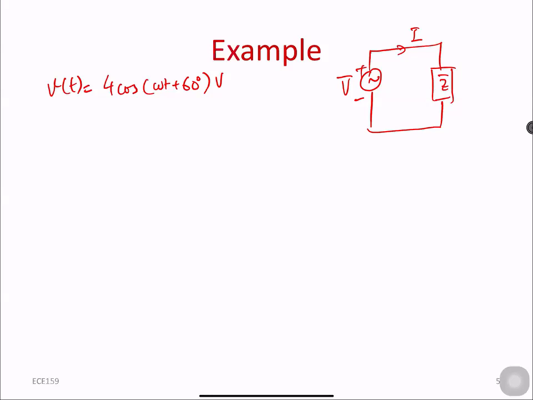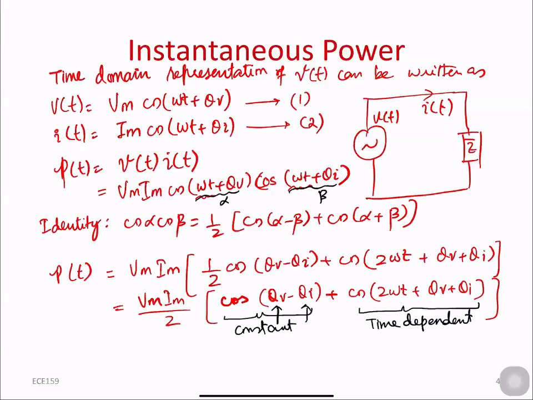And the impedance is also given to you, which is 2 angle 30 degrees ohms. What you are asked in this question is to find the instantaneous power as a function of time. So how can we do that? For finding the instantaneous power as per this last formula, what do we need here? We need the current, because if we know the current, only then we will know the phase angle of the current. We already have the value for the voltage.